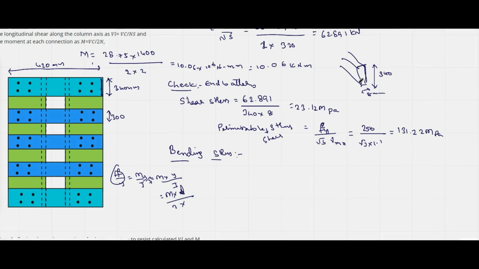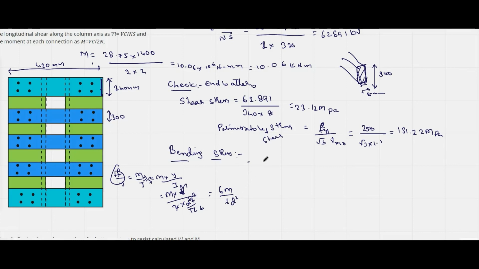This is just a rectangle, and d cube t by 12 will be my moment of inertia. Finally, the bending stress is given as 6M by t d square.